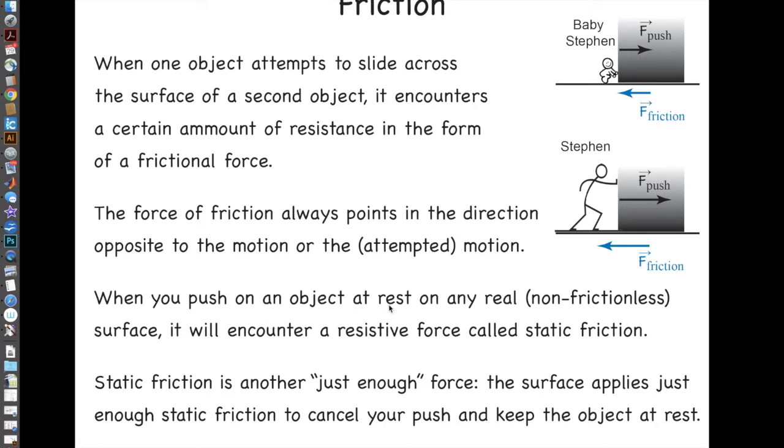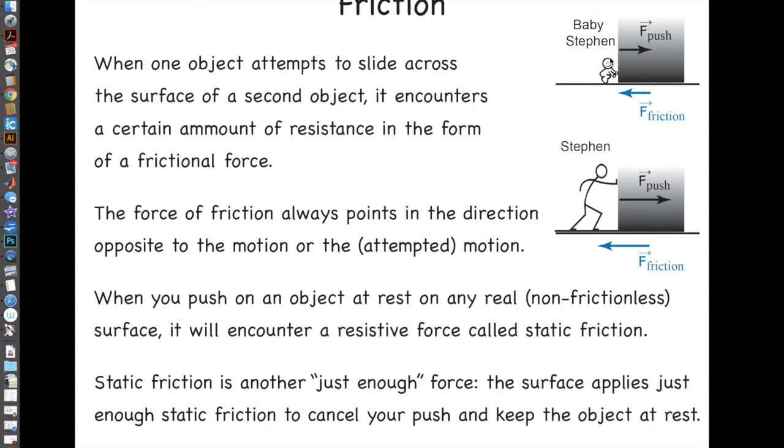So when you push an object at rest on any non-frictionless surface, it will encounter a resistive force called static friction. That static friction is another example of what I call a just enough force, in that the surface applies just enough static friction to cancel out your push and keep the object at rest.